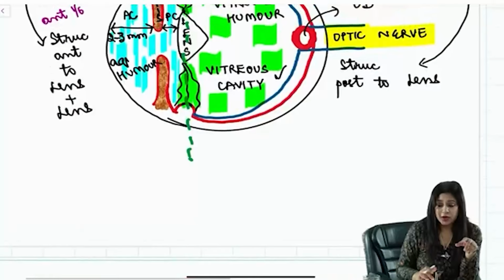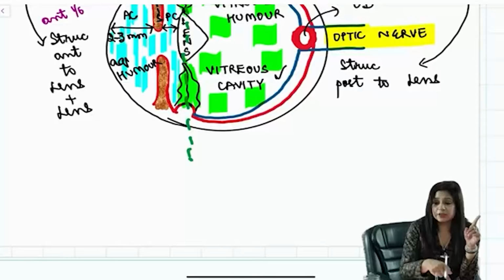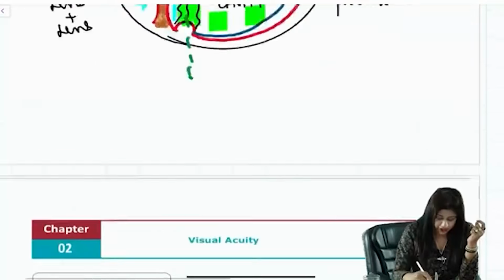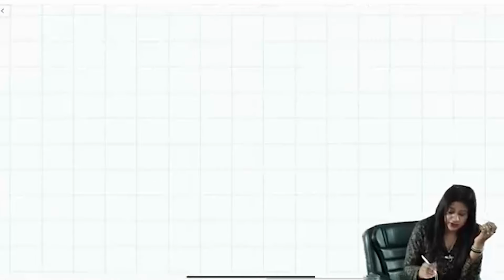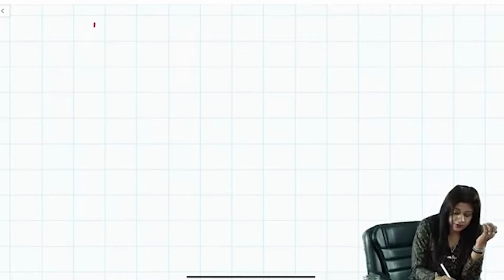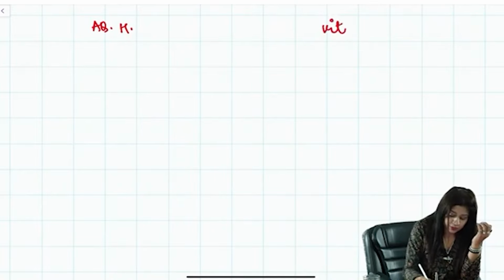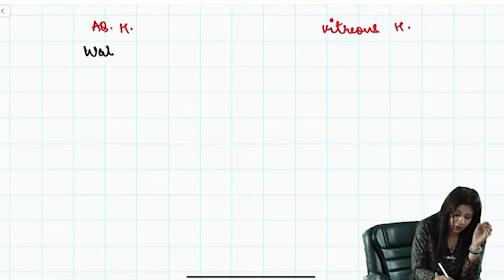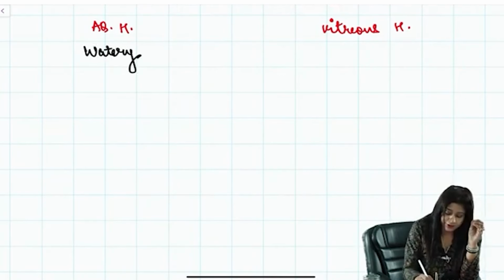So now if you have used that diagram, you will have space here. That place will be empty. Then there you can write about these things. One is your aqueous humor and one is the vitreous humor. Aqueous humor is water-like, of watery consistency, and vitreous is gel-like.